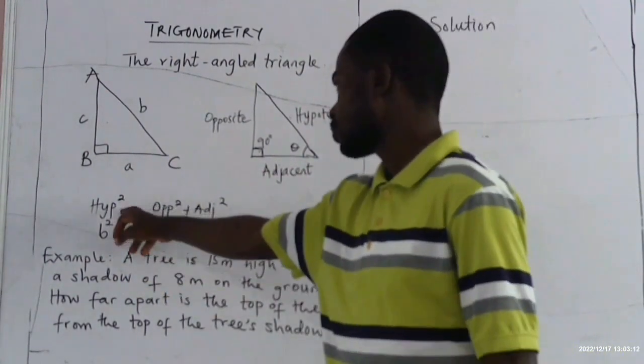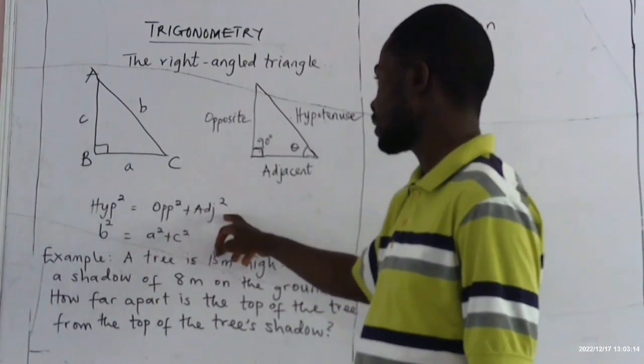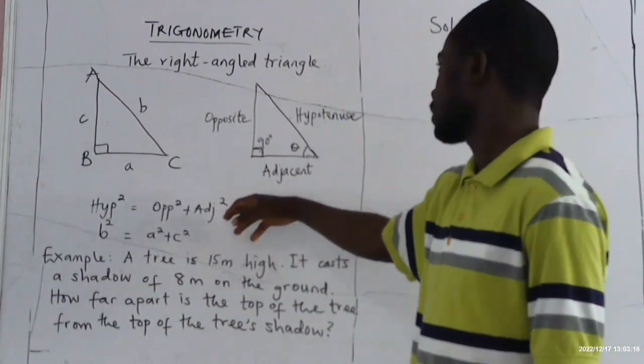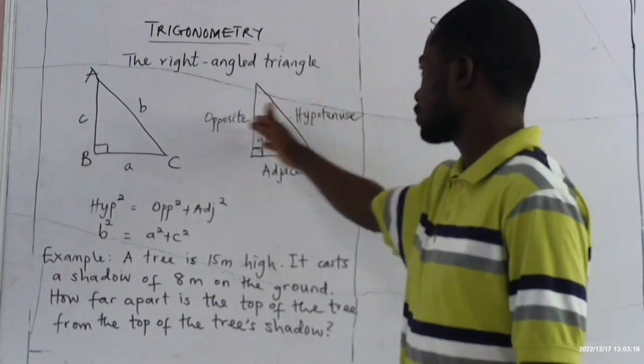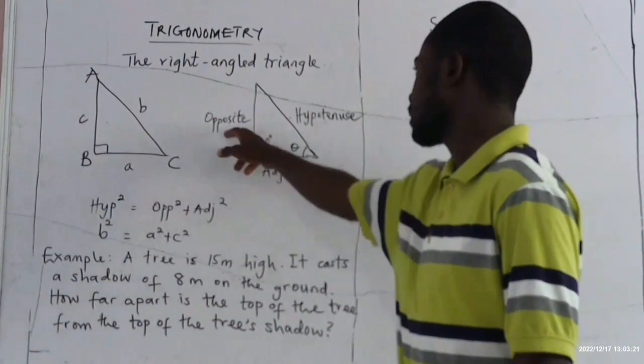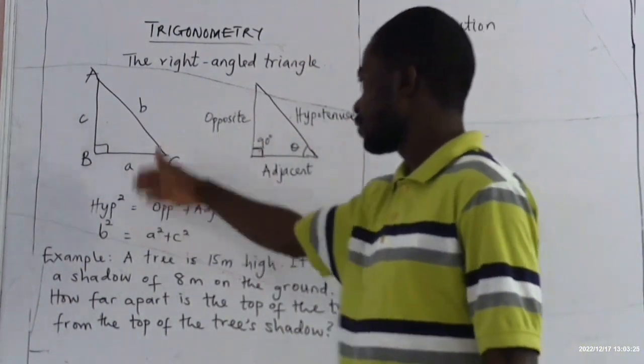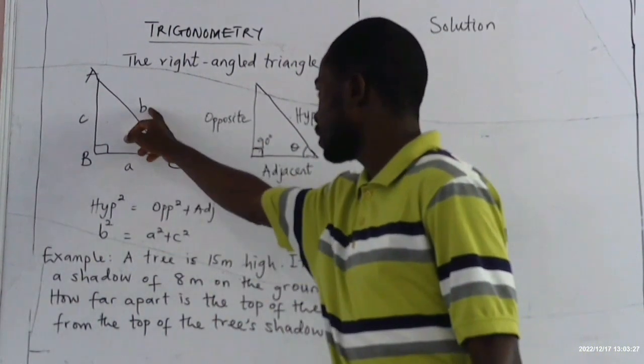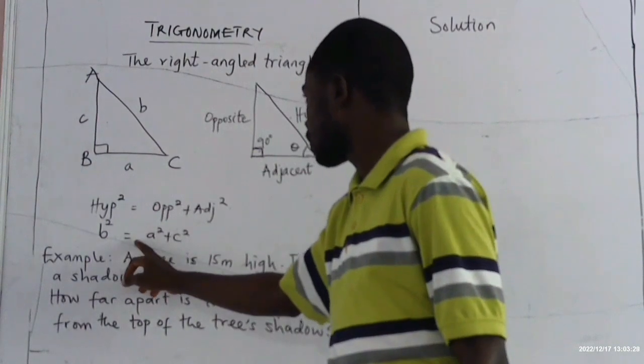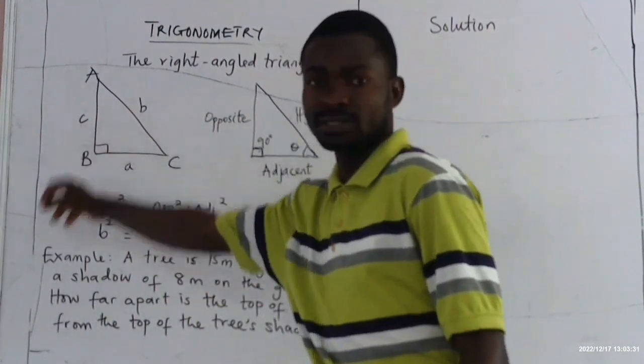Meaning hypotenuse squared is equal to opposite squared plus adjacent squared. If you add the squares of these together, it gives you the square of the hypotenuse. Now, if we come to the letters, that means b squared equals a squared plus c squared.